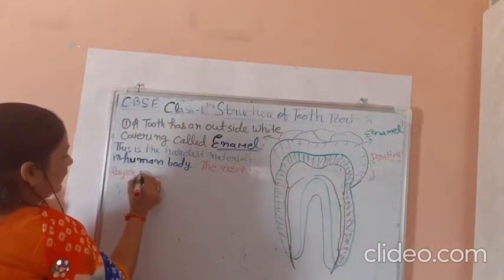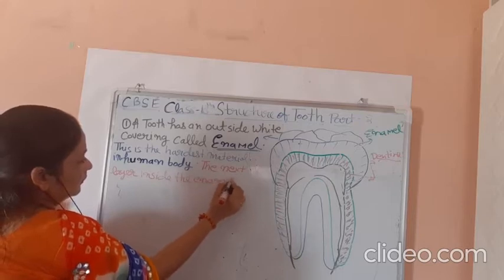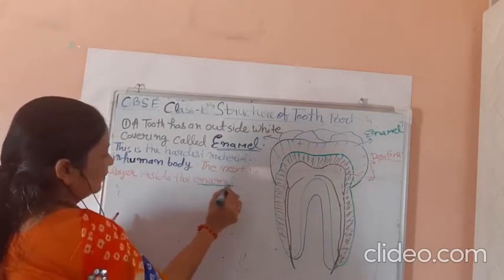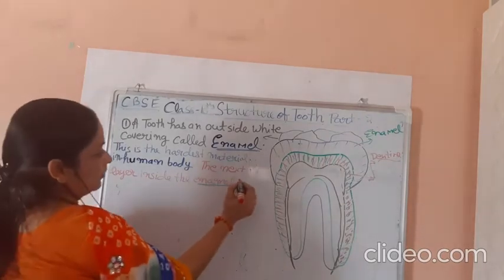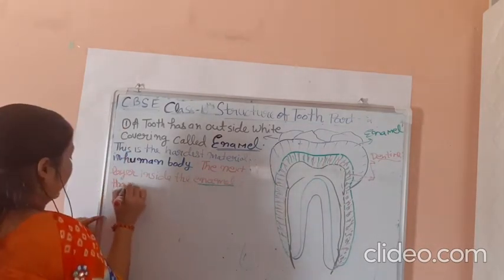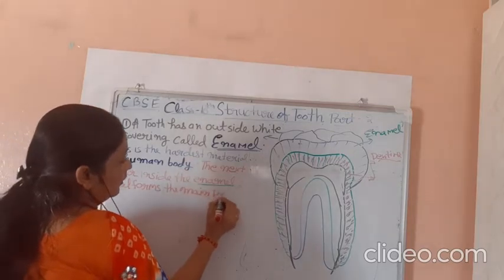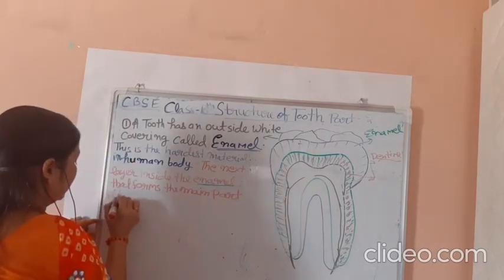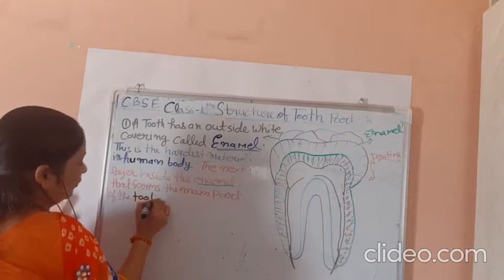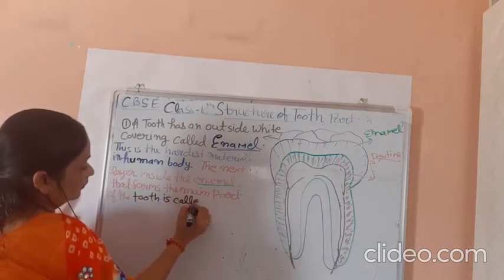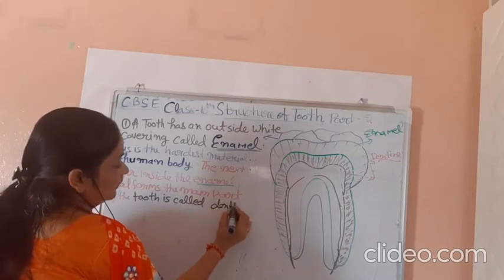The next layer inside the enamel that forms the main part of the tooth is called dentine.